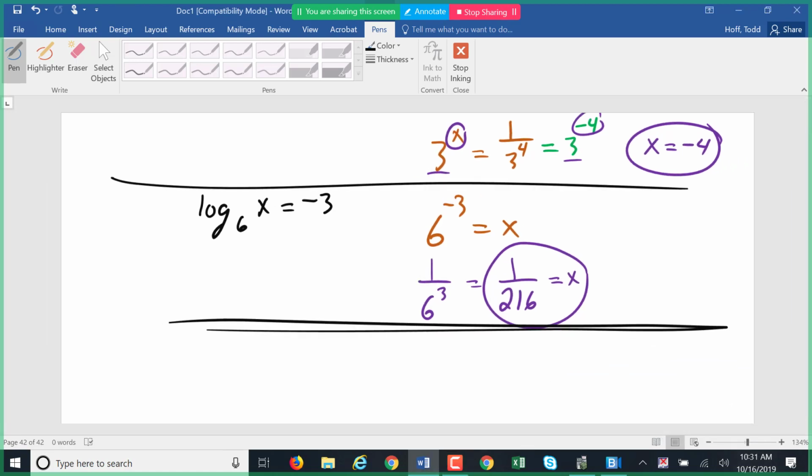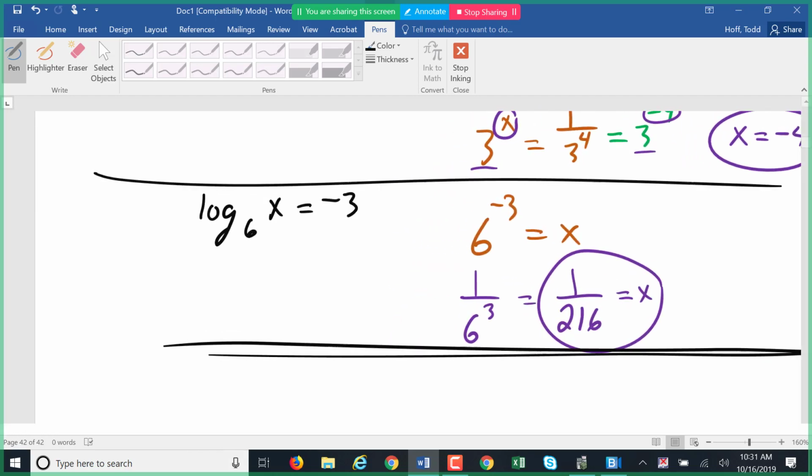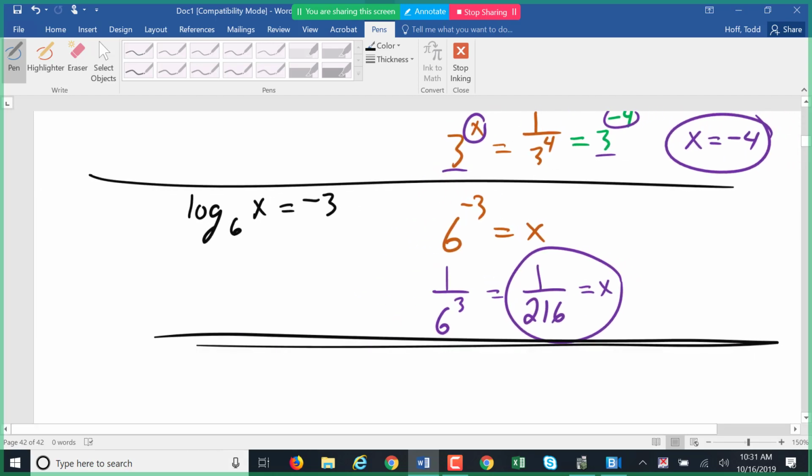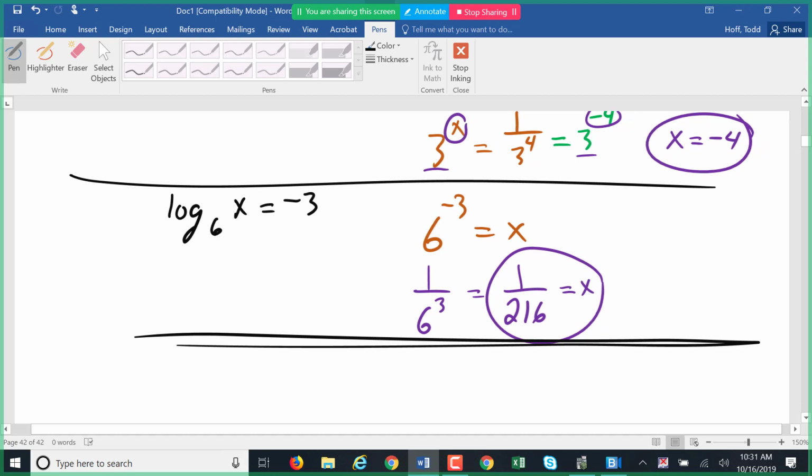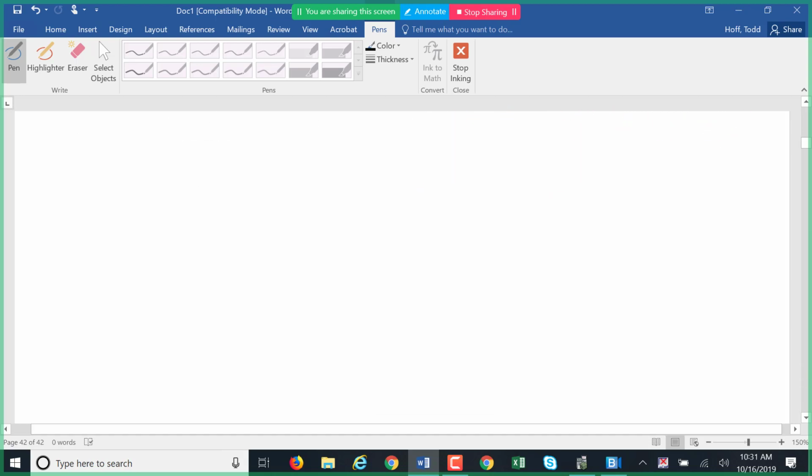So we have said that the logarithm and the exponential are inverses of each other. If you recall, other inverses, if we used them together, they canceled each other out. Like x plus 5 minus 5 just gave us x.